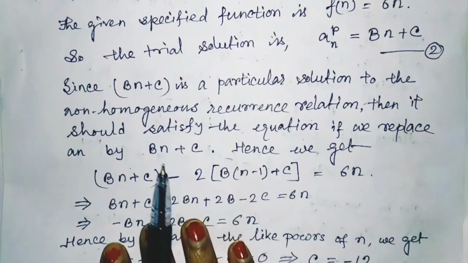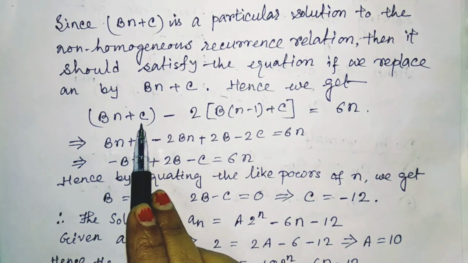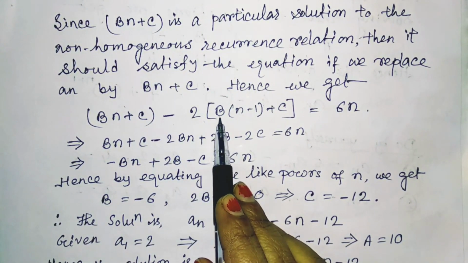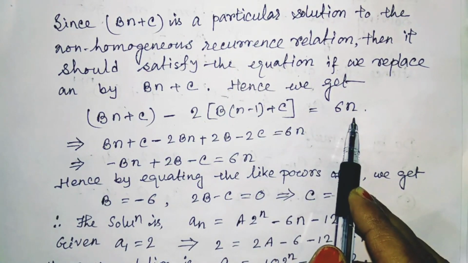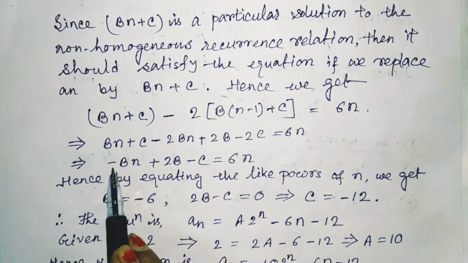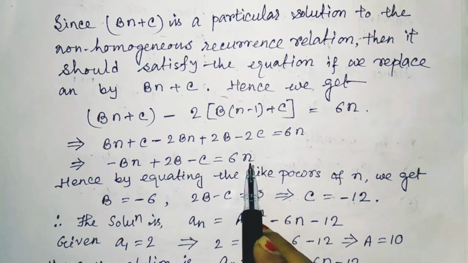Accordingly, we get bn plus c minus 2 into b(n-1) plus c is equal to 6n. Now if we simplify, it is minus bn plus 2b minus c is equal to 6n.